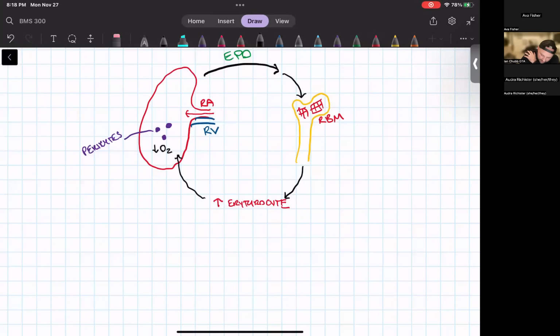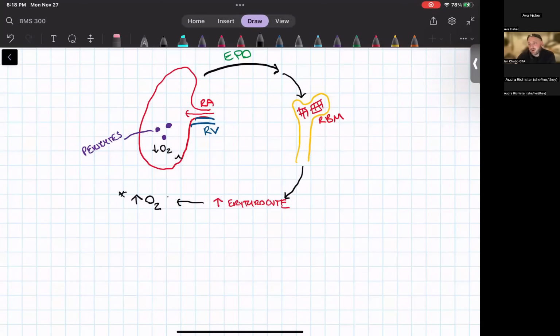I really shouldn't even put it that it's going back to the kidney, but technically the kidney will then detect that with an increased erythrocyte amount, we've also increased oxygen concentration in the blood, because now we have more hemoglobin making its way around, picking up more oxygen from the lungs. So in turn, the big end-all be-all is we've increased oxygen.